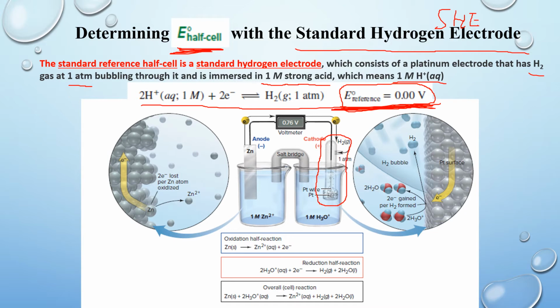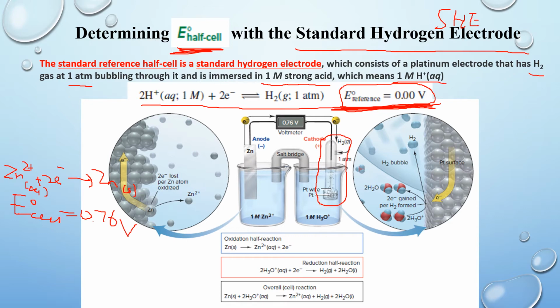For zinc, we should write it in the form of reduction, so for Zn2+ forming zinc solid, the standard half cell potential will be equal to 0.76 volt.